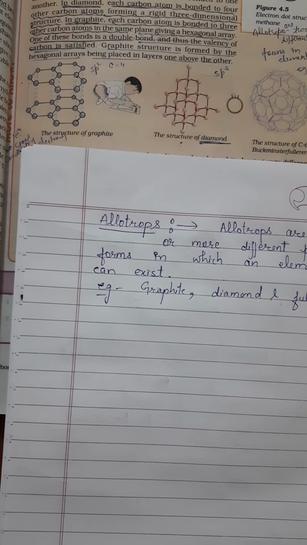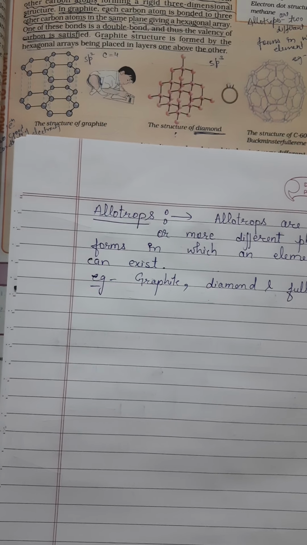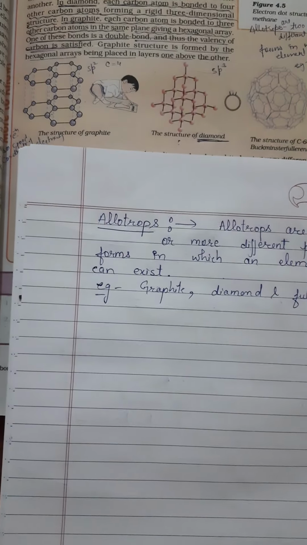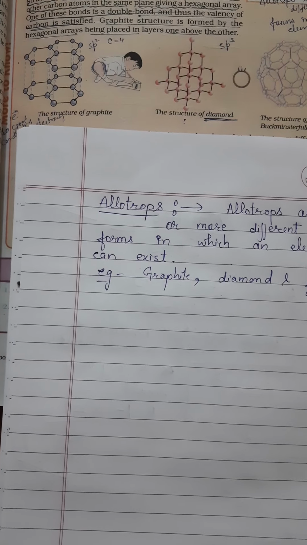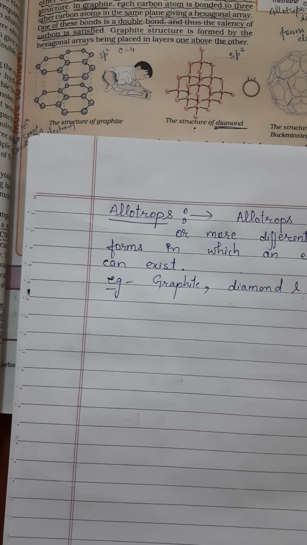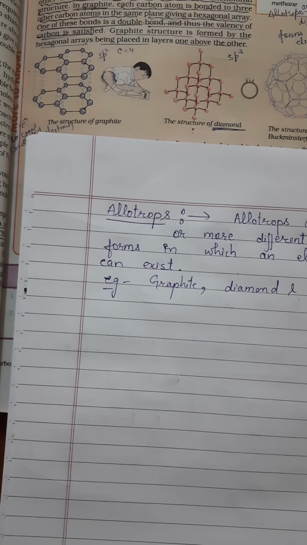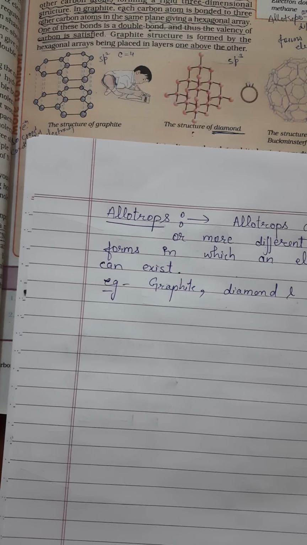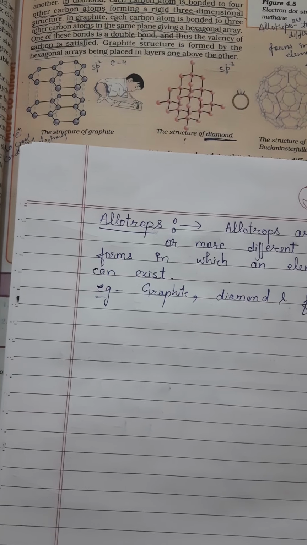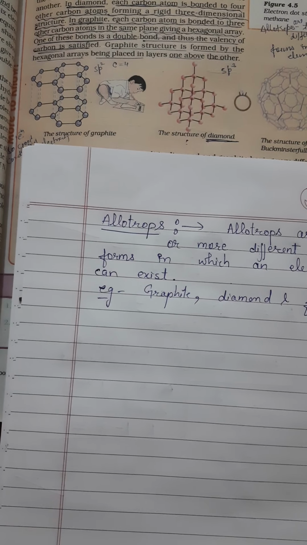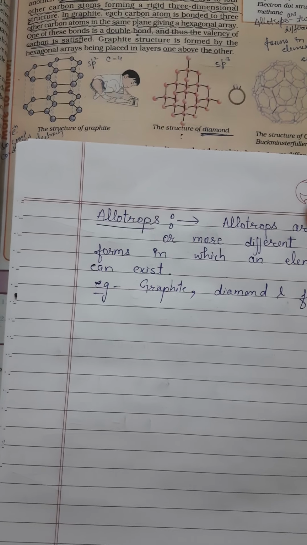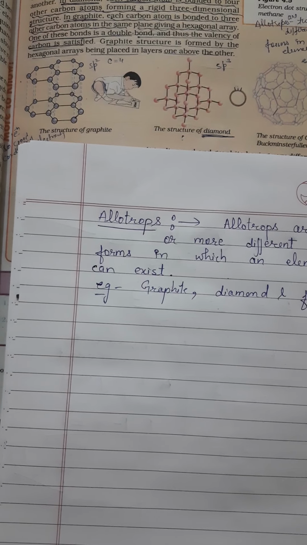Out of these 4 electrons, 3 are used in bonding with the three different carbons, and 1 electron is not used in bonding. Because of this free electron, graphite conducts electricity.